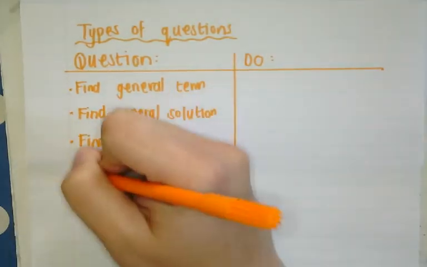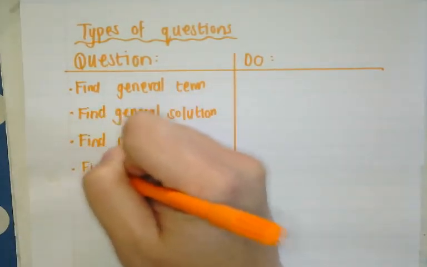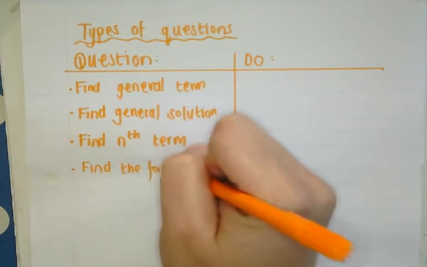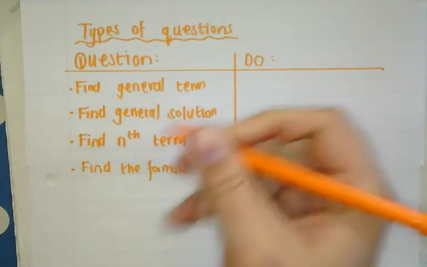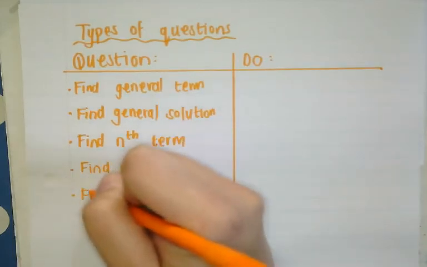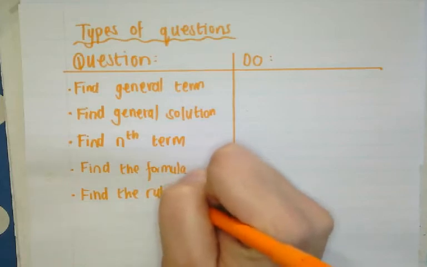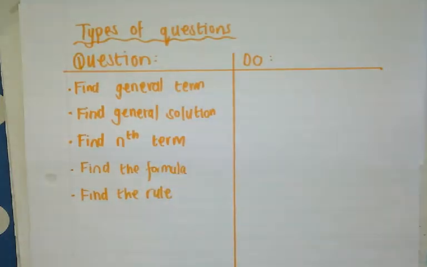I can also call it finding the formula. I can also say find the rule. So all of these 5 sentences are 5 different ways to ask exactly the same question.